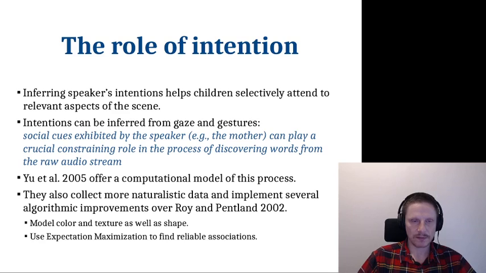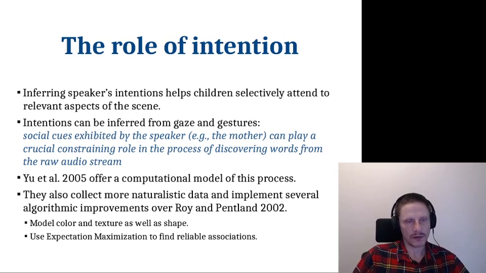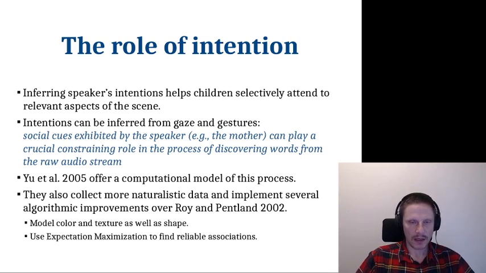They also have some algorithmic improvements, or improvements in terms of representations. The model also considers color and texture, not only shape. And the associative learning is implemented using an algorithm called expectation maximization. It's kind of like an alignment algorithm, which originates from machine translation from many years ago.